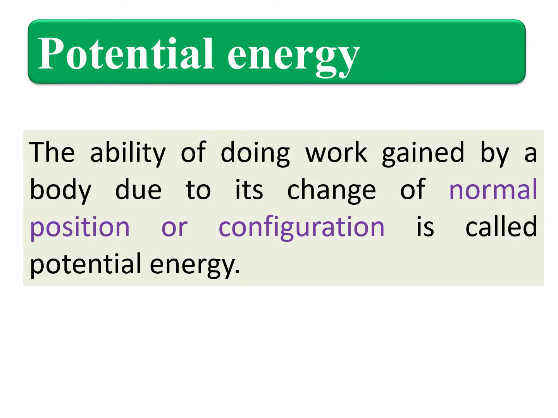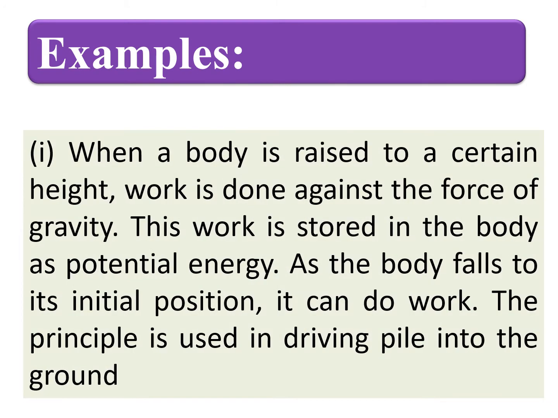Now, my dear students, what is potential energy? The ability of doing work gained by a body due to its change of normal position or configuration is called potential energy. Let me give some examples. When a body is raised to a certain height, work is done against the force of gravity.